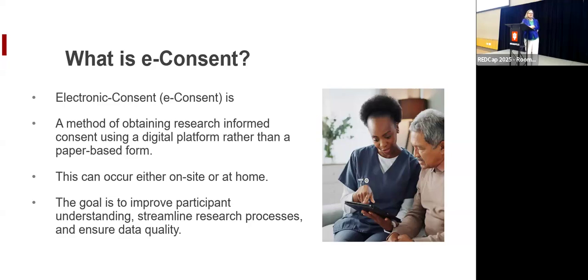You can do this at a site, basically with an iPad, or you can do it at home. You can send people the consent and have them fill it out. We'll talk a little bit about how you should look at that when they do, to make sure it's all completed correctly. But the goal is to improve your participant understanding. You don't want to just take your paper consent, throw it up there and add a signature part where people can sign it.